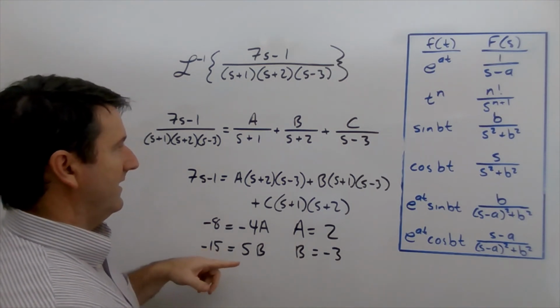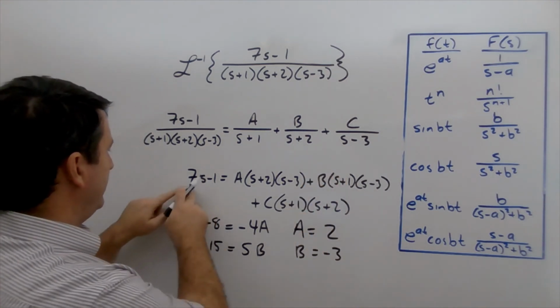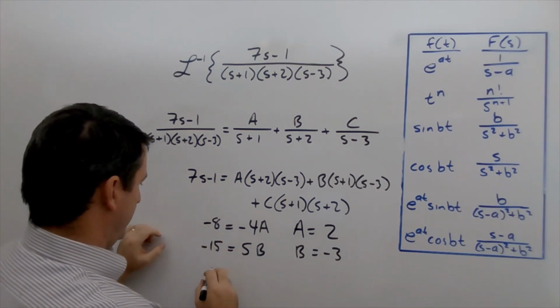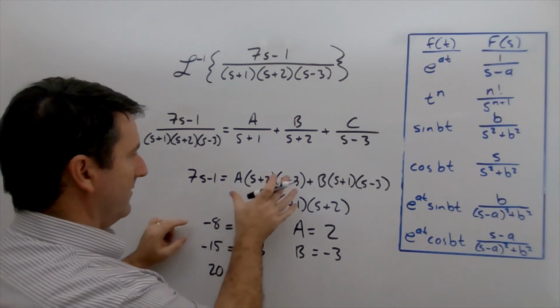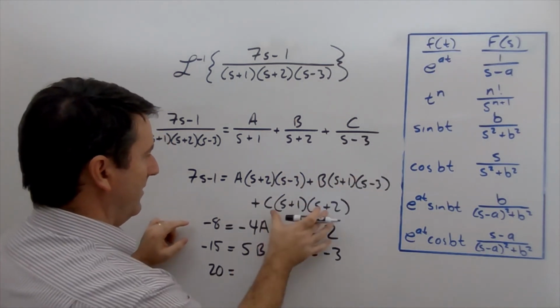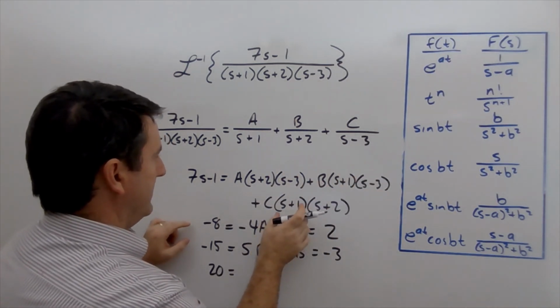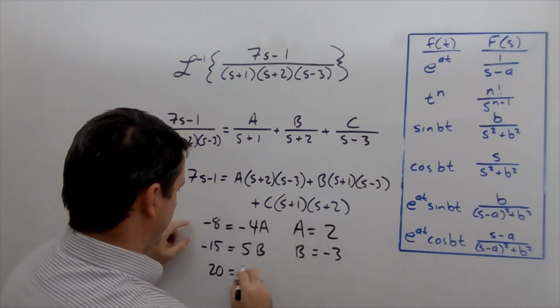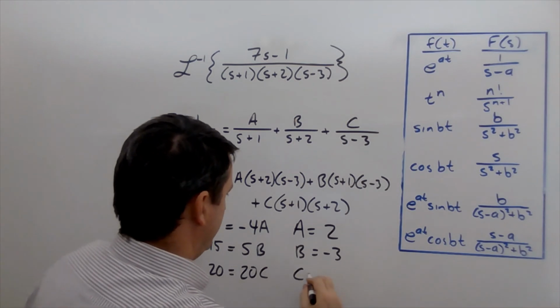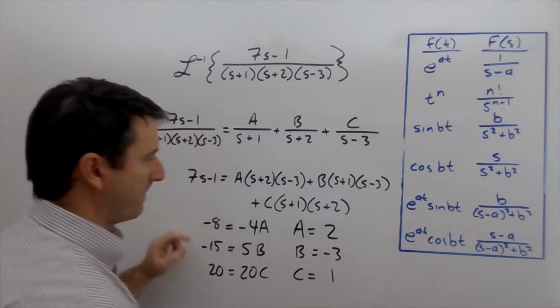And then let's plug in 3. 3 times 7 is 21 minus 1 is 20, is equal to, well, these two will both go to 0, and this one is going to be 3 plus 1 is 4, 3 plus 2 is 5, so that's 20c. And so c is equal to 1.